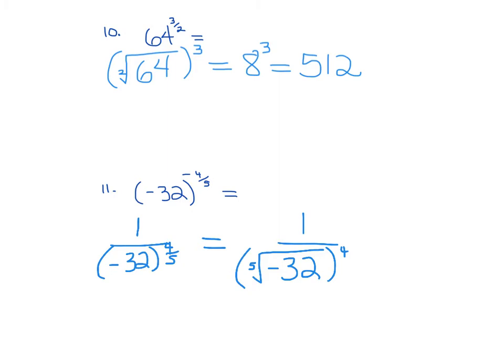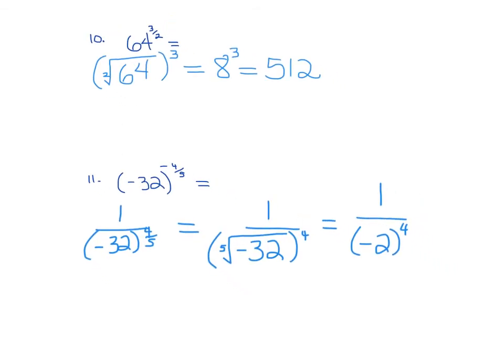So what number times itself 5 times? I know that negative 2 times negative 2 times negative 2 times negative 2 times negative 2 gives me negative 32. So negative 2 to the 4th power, and it's underneath the 1, gives me 1/16.